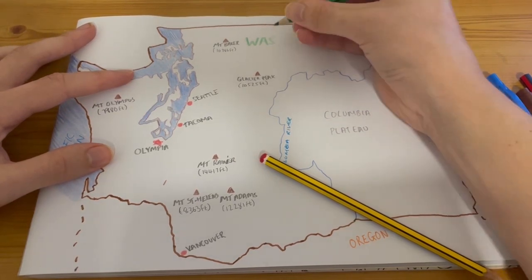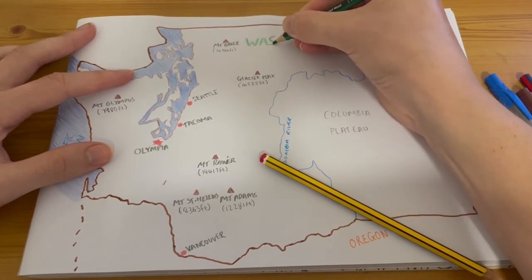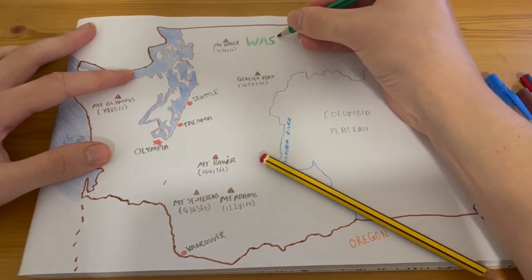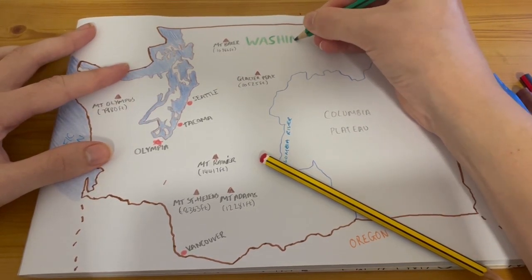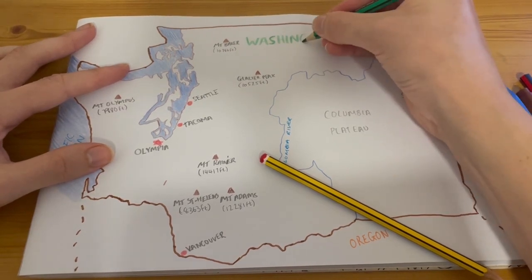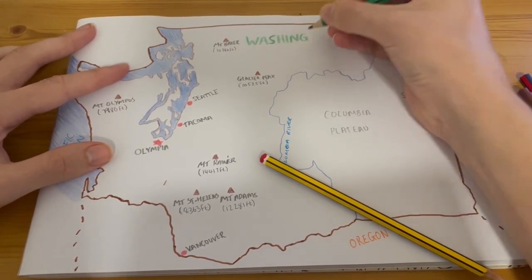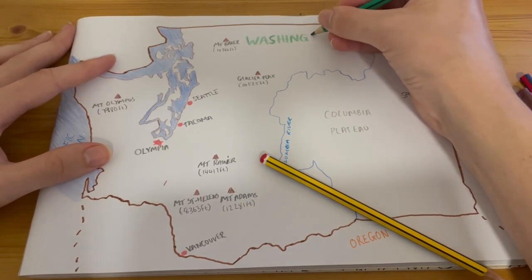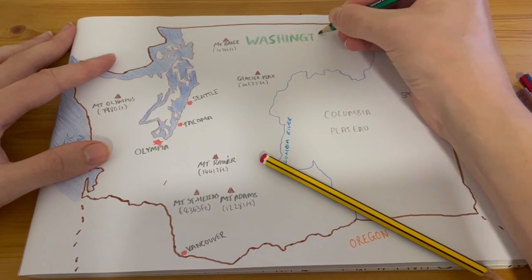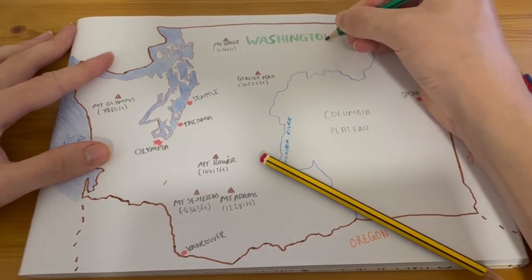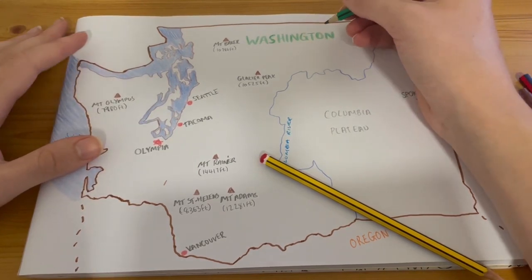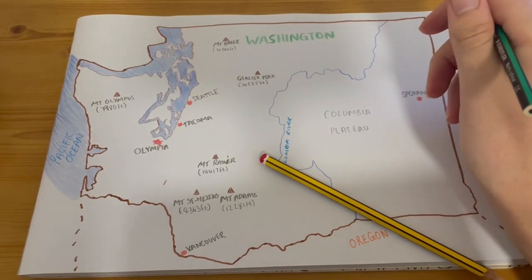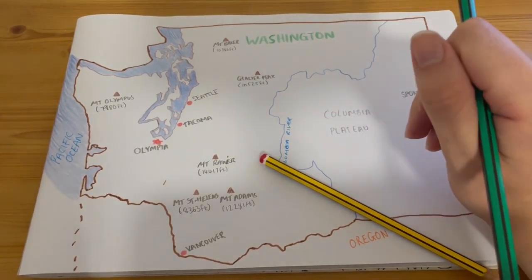So fairly late on, but obviously the colonies began in the east and moved west, so that makes sense. I believe that it's known as the Evergreen State. That is its, I guess, nickname, in the same way that is Florida the Sunshine State, or is it California? I can't remember. But I think every state has a nickname, and this one is the Evergreen State.